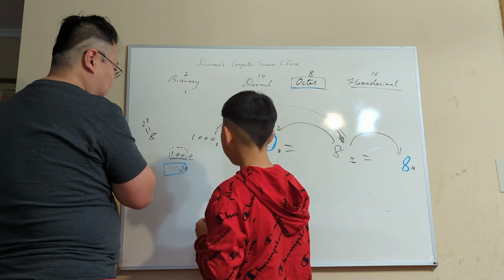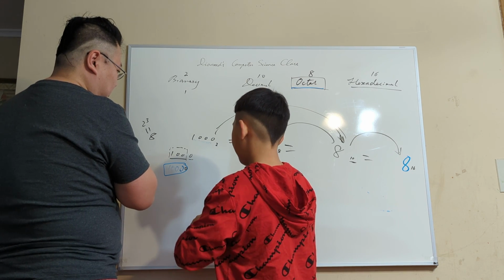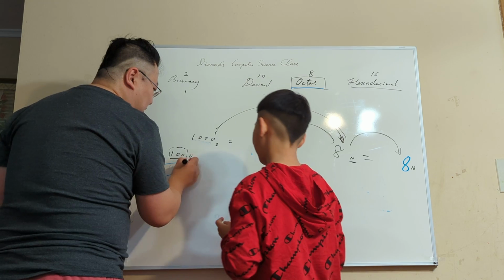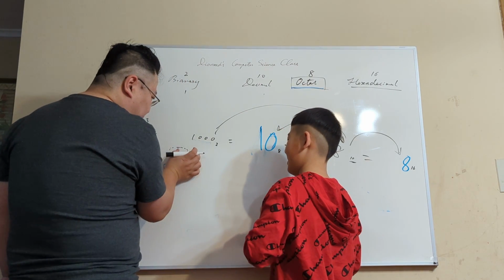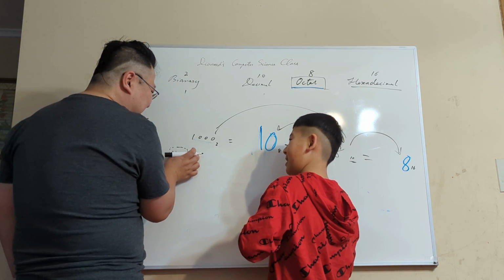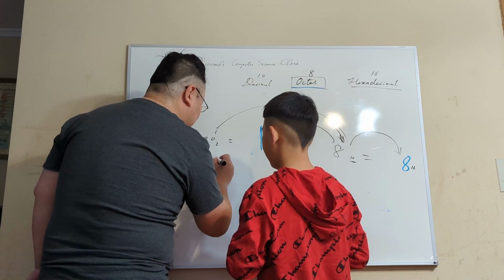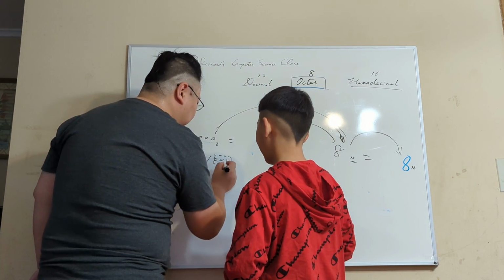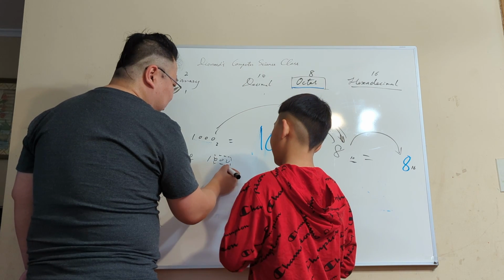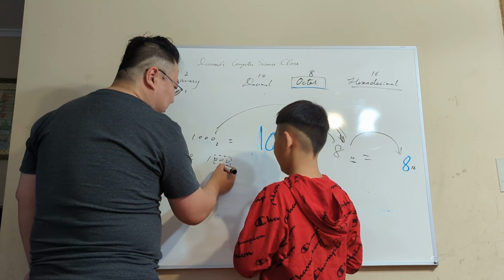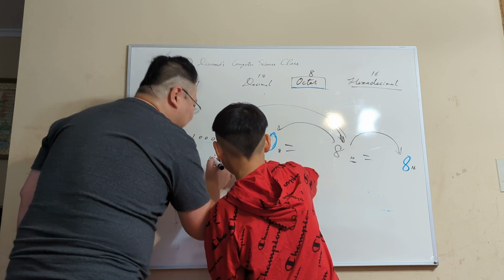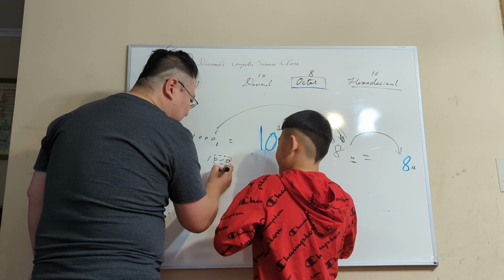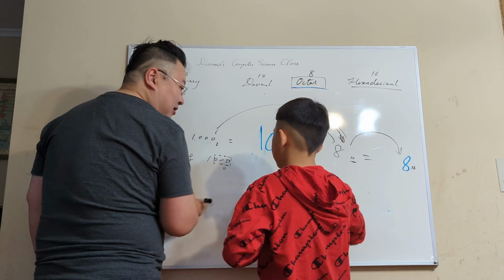Wait, I think this is wrong. We should start from the least significant bit. How many zeros are there? Is that 0? Oh, I thought that was 2. So this is 0, right?